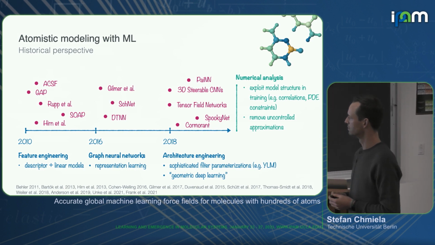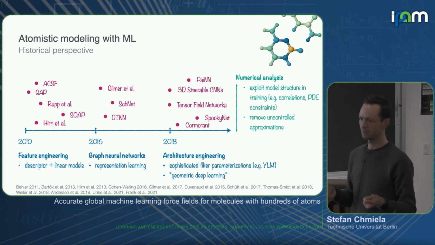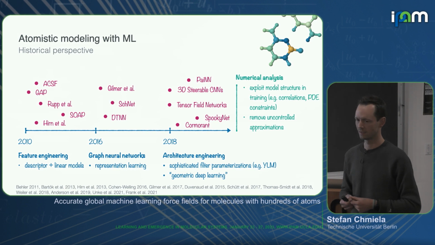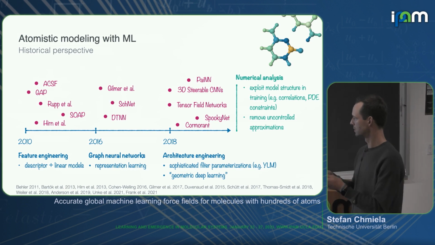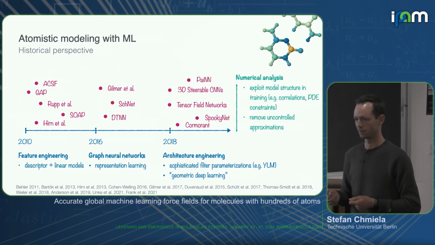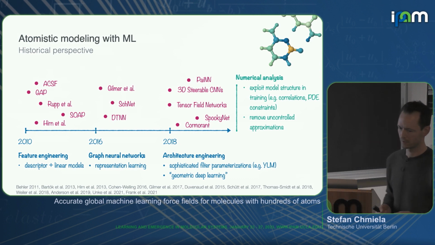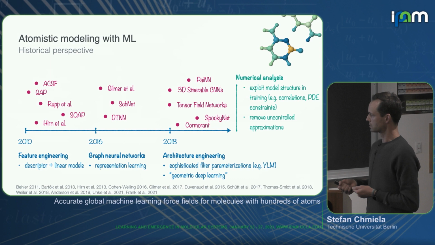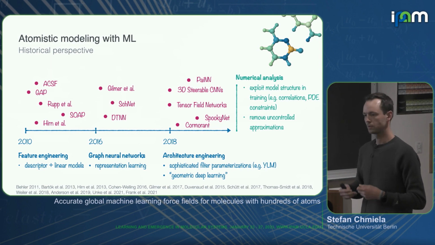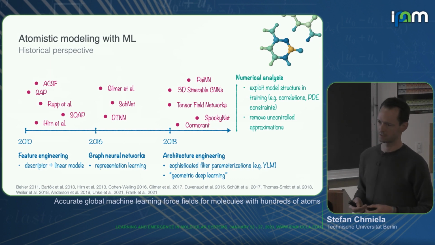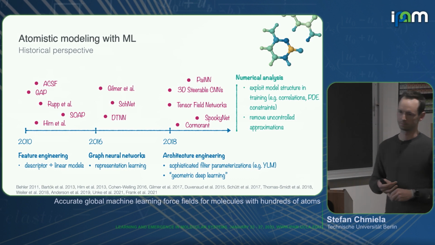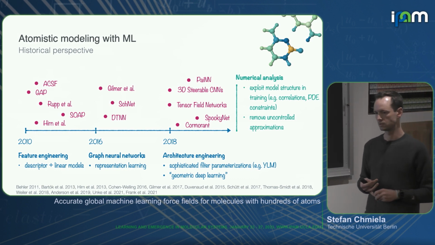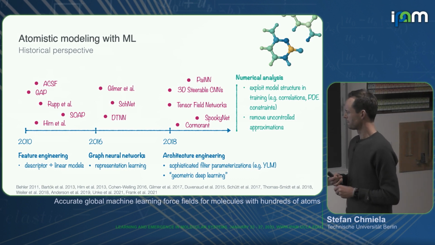Some structure within those models is really just created by, for example, correlations in the data, or we heard several talks about incorporating differential constraints into those models, and those differential constraints also impose some structure that can, in some cases, be exploited to make those models easier to evaluate and train.